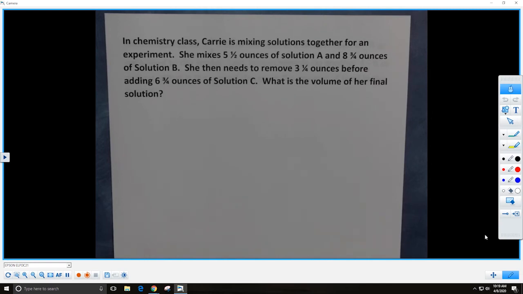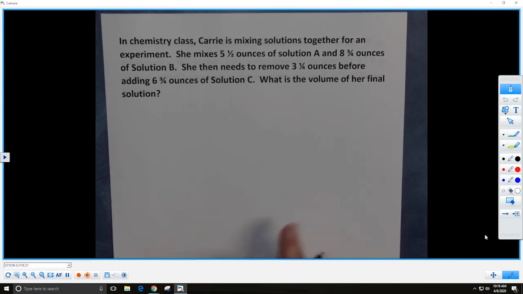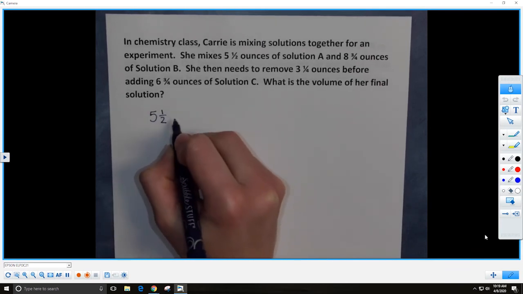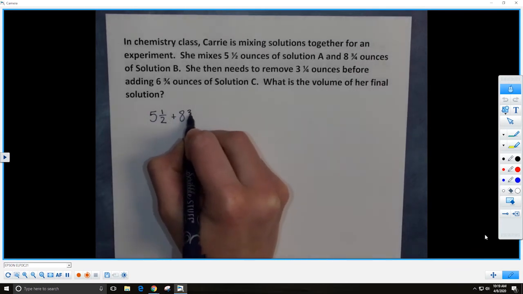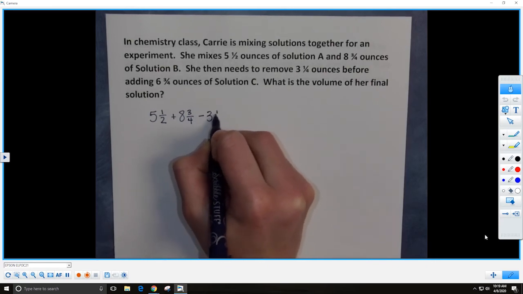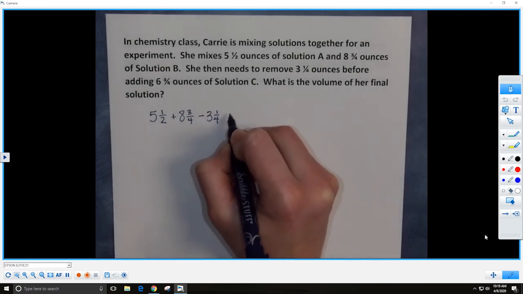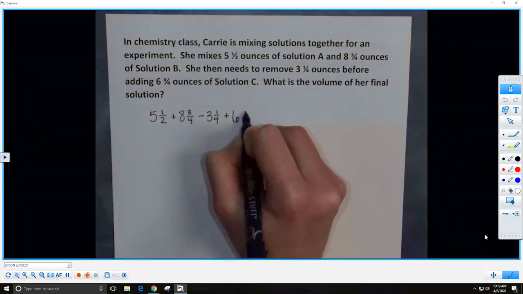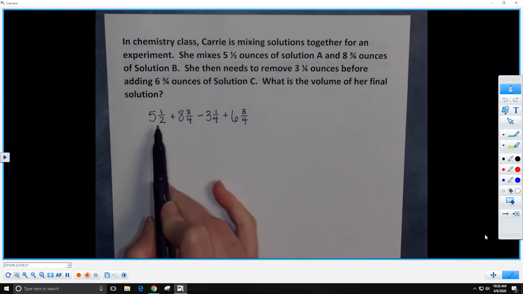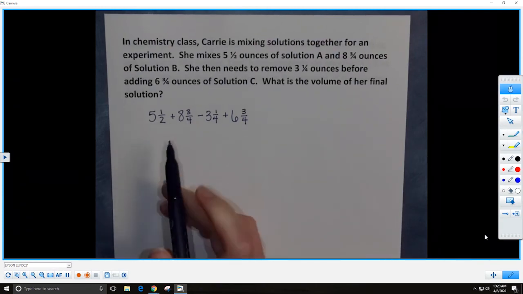Let's go over this problem to figure out how many ounces Carrie has in her experiment. Let's write the expression. 5 1/2 plus 8 3/4 minus 3 1/4 plus 6 3/4. So we do need a common denominator here when we add these together.